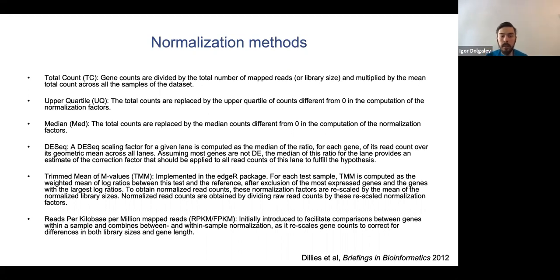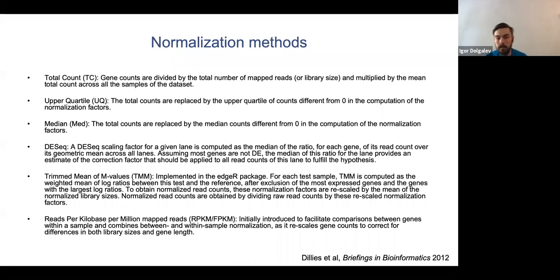Slightly more advanced would be the upper quartile normalization, where the total counts are replaced by the upper quartile of counts. So you're essentially eliminating the lowly expressed genes, which might be noisier. A variation of the total counts would be the median counts.